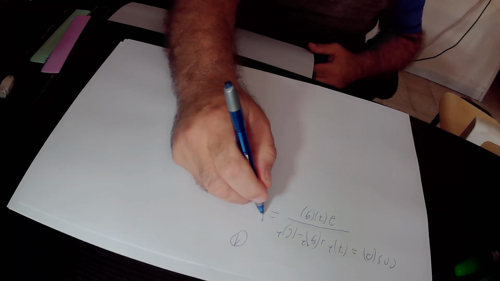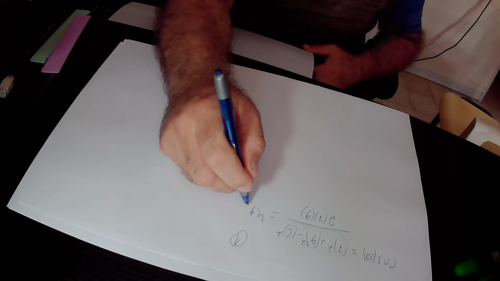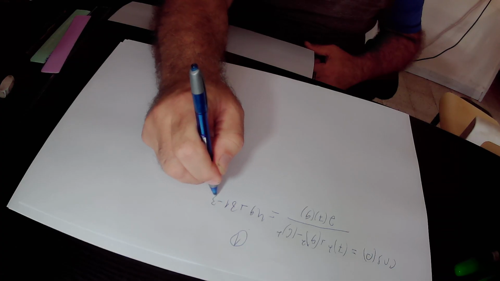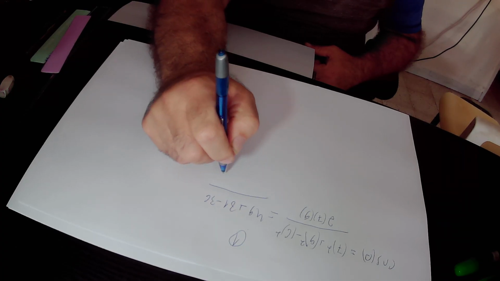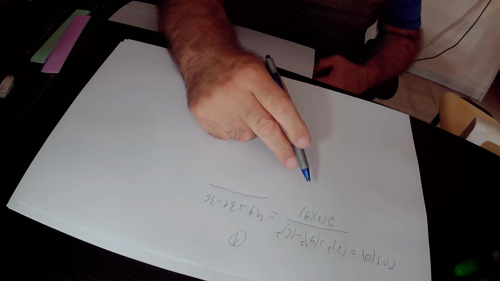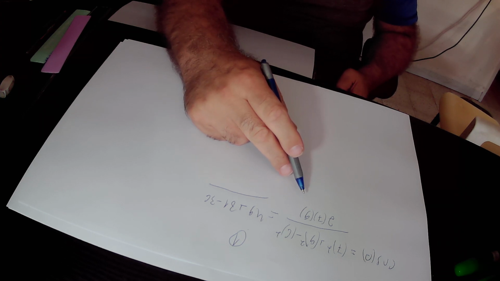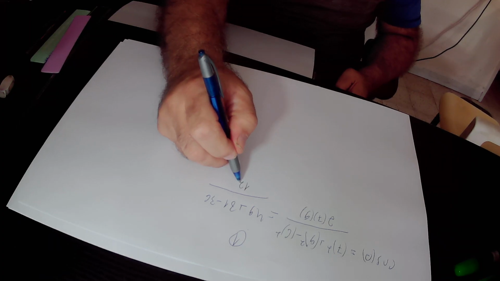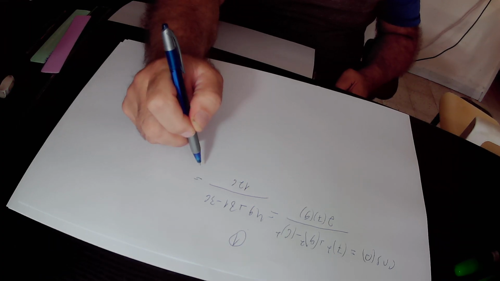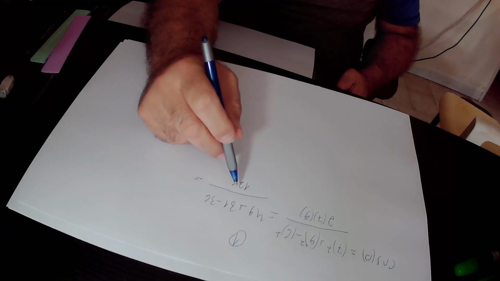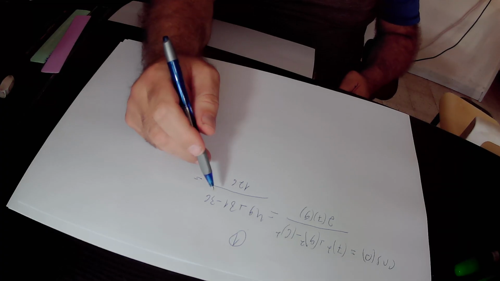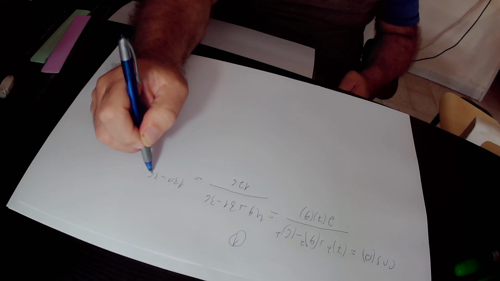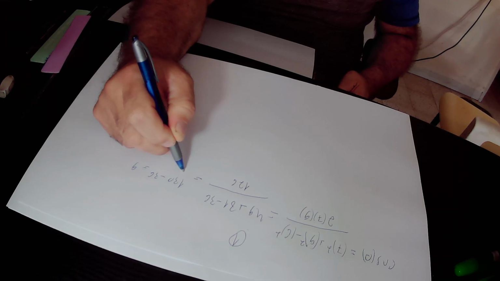Seven square is 49, plus 9 square is 81, minus 6 square is 36, over 2 times 7 times 9, which is 126. 49 plus 81 is 130. 130 minus 36 is 96.